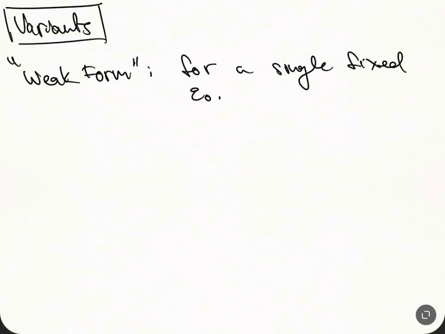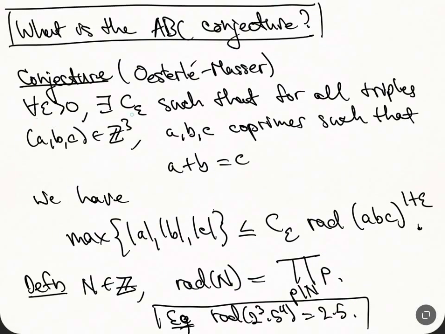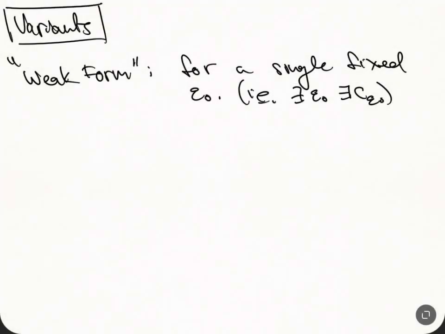So this is saying that there exists some epsilon naught, and there exists some constant C of epsilon naught. Like here, it said for all epsilon, and there exists some C epsilon, right? Here, it's saying we can just find it for a single one, like epsilon naught equal to 1.